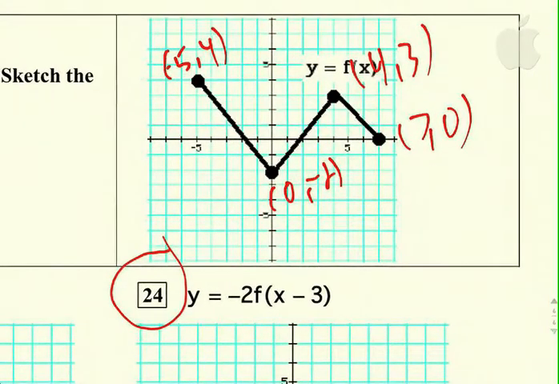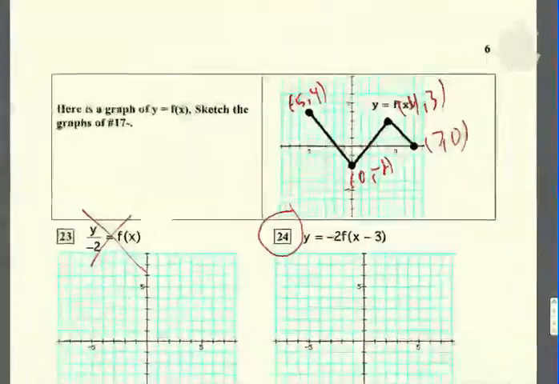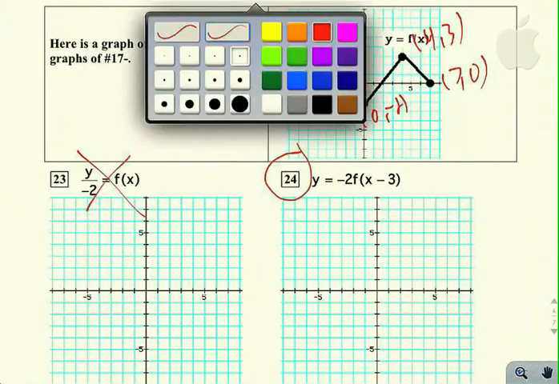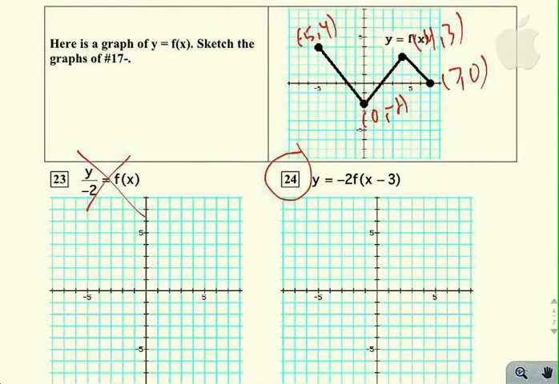So what's happening here? Well, a couple things are happening in number 24. All the y's are being multiplied by -2, and all the x's are going to increase by 3. So let's take care of the y's first.